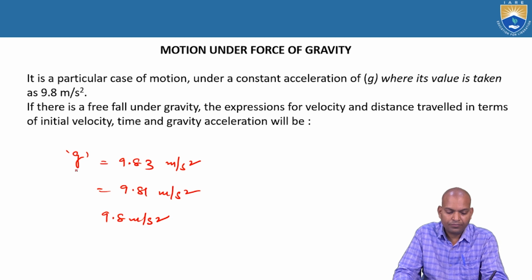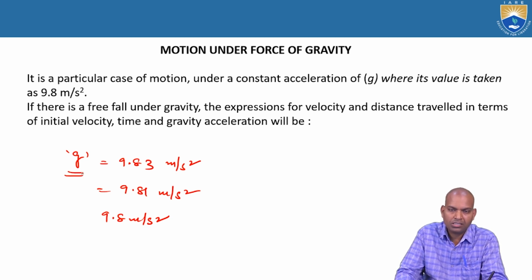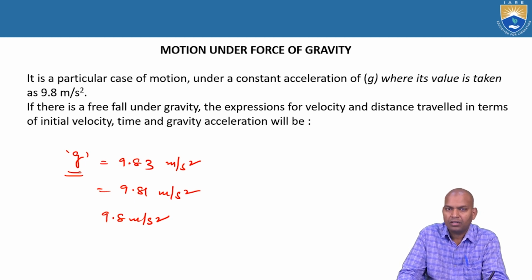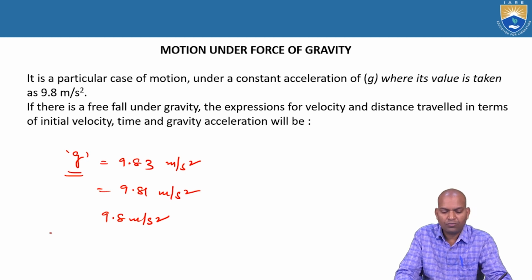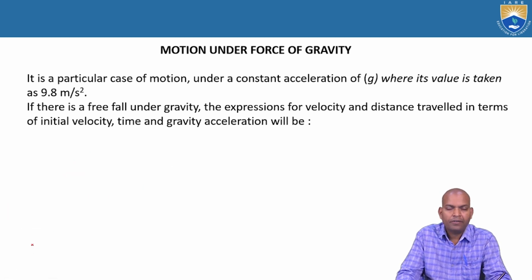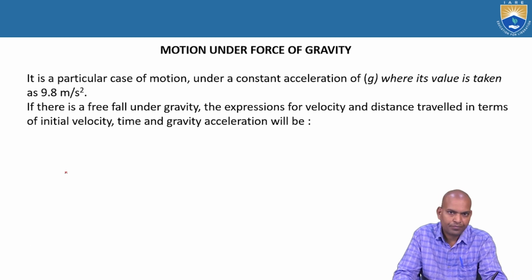This gravitational force or acceleration due to gravity is considered when the body is moving vertically upwards or falling vertically downwards. Under those considerations, in the place of acceleration, we'll consider gravity.